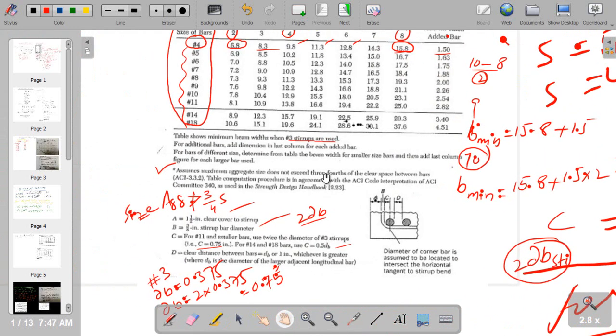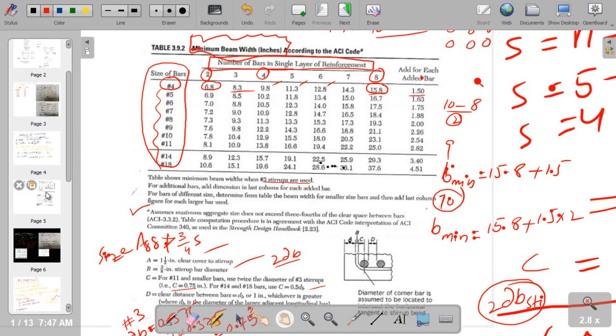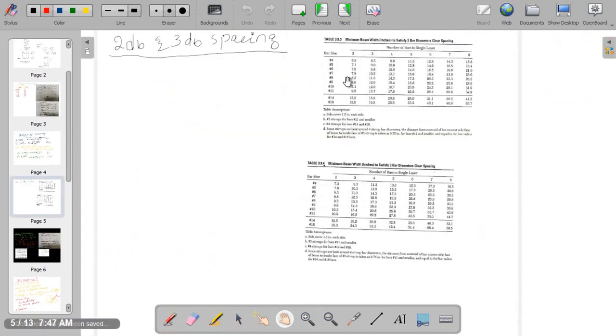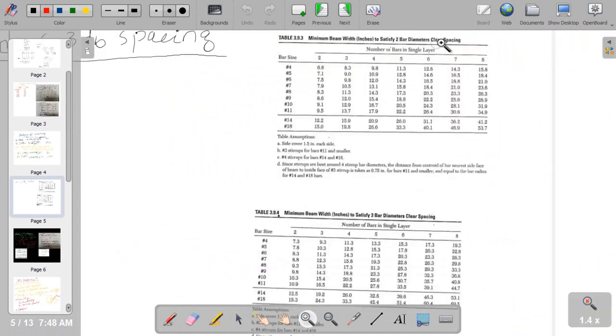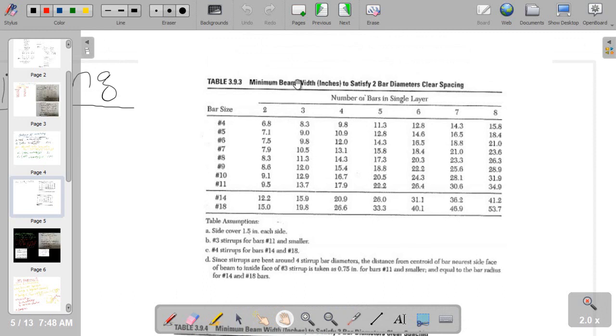So this is the discussion that we have to understand, how to find out the minimum beam breadth. Similarly, we can see here 2 times the diameter of bar and 3 times the diameter of bar. On the basis of this, we can find the minimum width of the beam, right?